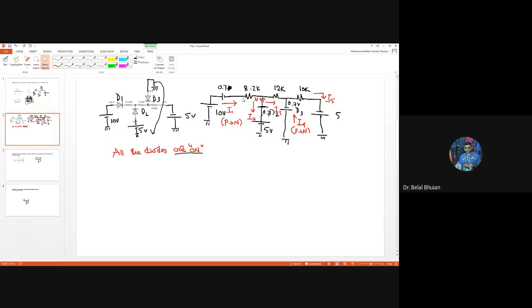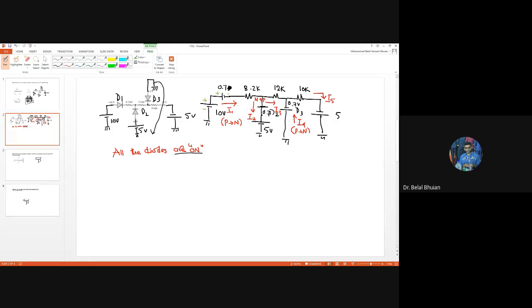I didn't go for an on-off combination. I went straight to all the diodes are on, and this way I have replaced all the diodes with 0.7. And let's put the sign. I said it's really important to put the polarity.